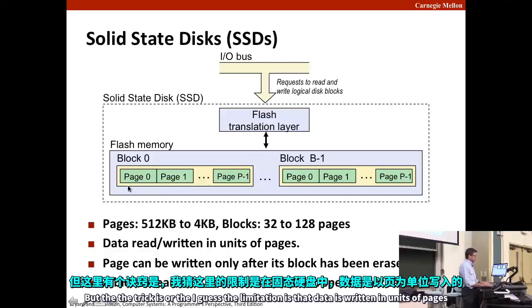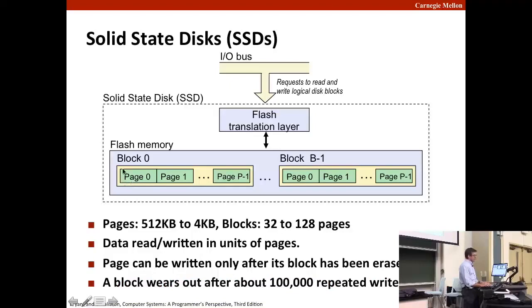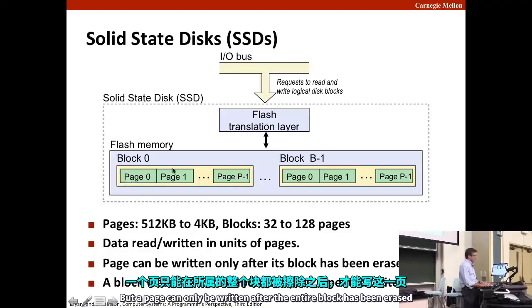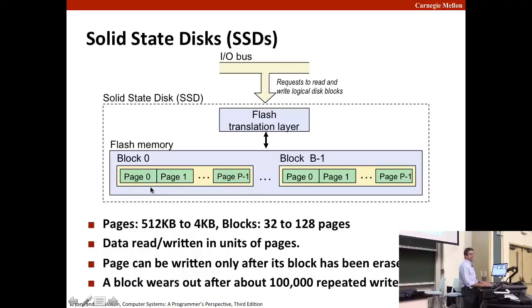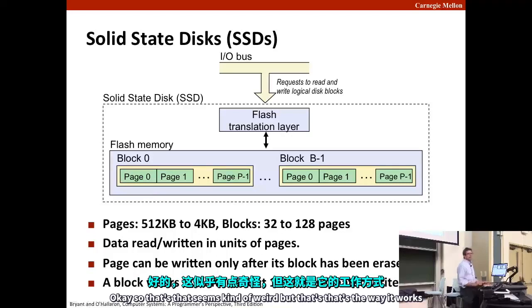But the trick, or I guess the limitation, is that data is written in units of pages, but a page can only be written after the entire block has been erased. Okay, so that seems kind of weird, but that's the way it works.